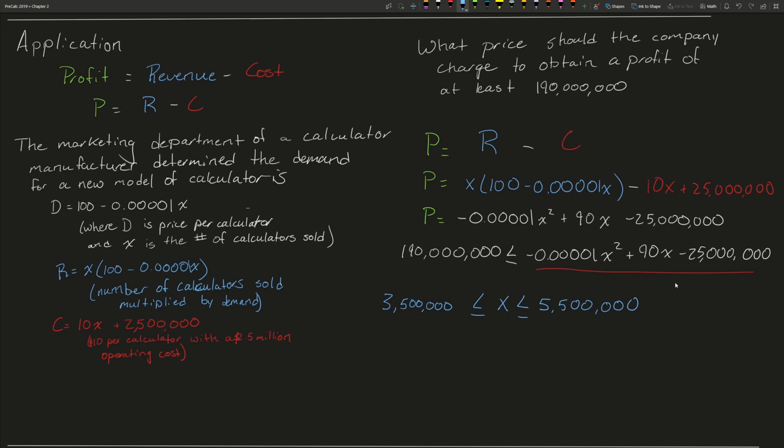Then we would have to plug this into our demand equation, and we would get P, our price, is less than or equal to $65 and greater than or equal to $45. This means that in order to get a profit of at least $190 million, we would have to charge somewhere between $45 and $65 per calculator sold.